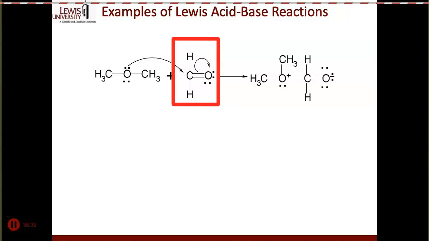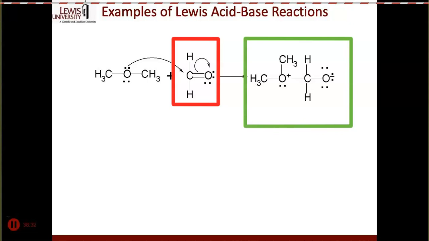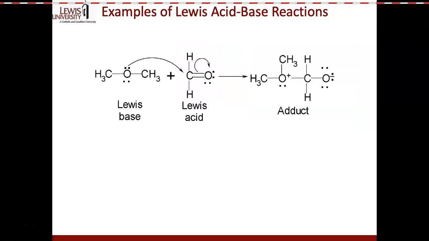You can kick electrons out and create this really interesting Lewis adduct. The adduct we create on the other side is called a zwitterion, because it contains both a positive charge and a negative charge that make it neutral overall. So that's our Lewis base, that's our Lewis acid, and that's our adduct.